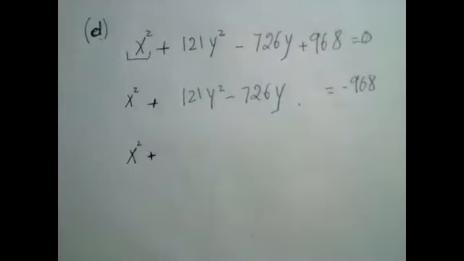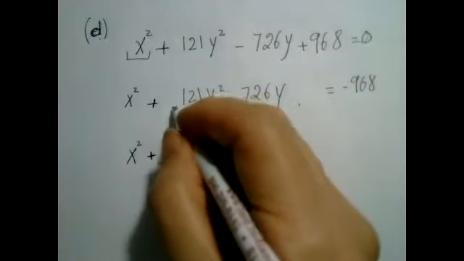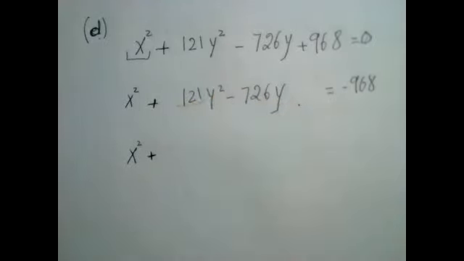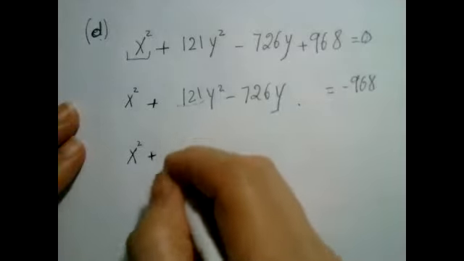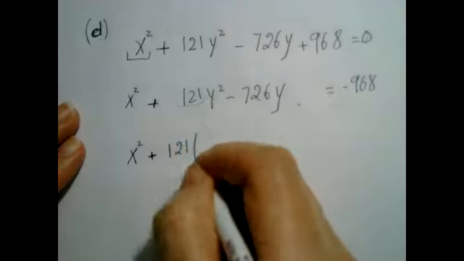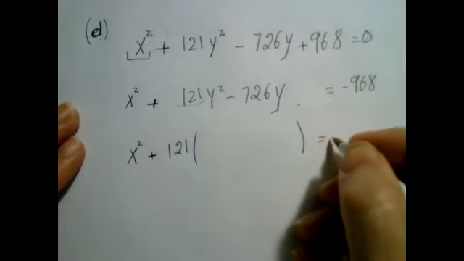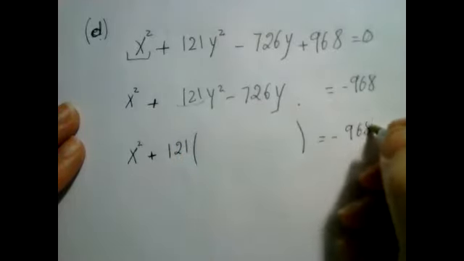Remember how we finished this problem when we have a coefficient under y squared. I don't have y squared, I have 121 times y squared. Do you guys remember what we did? We factor it out. So we're going to factor out 121. All right, very good. What are we left with?